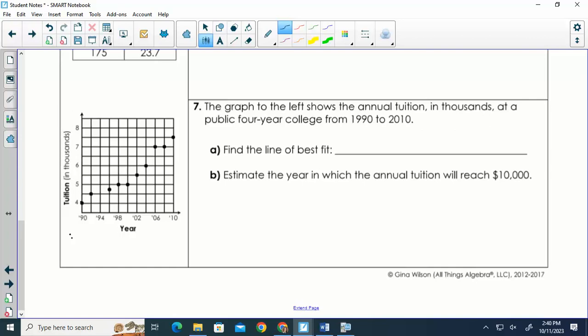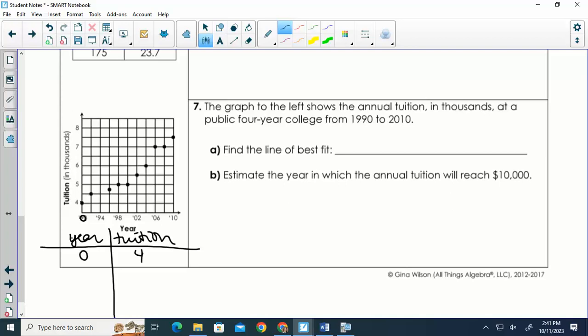So we could think the year, tuition. Let's make this year 0. So if that's year 0, what do we get out there?